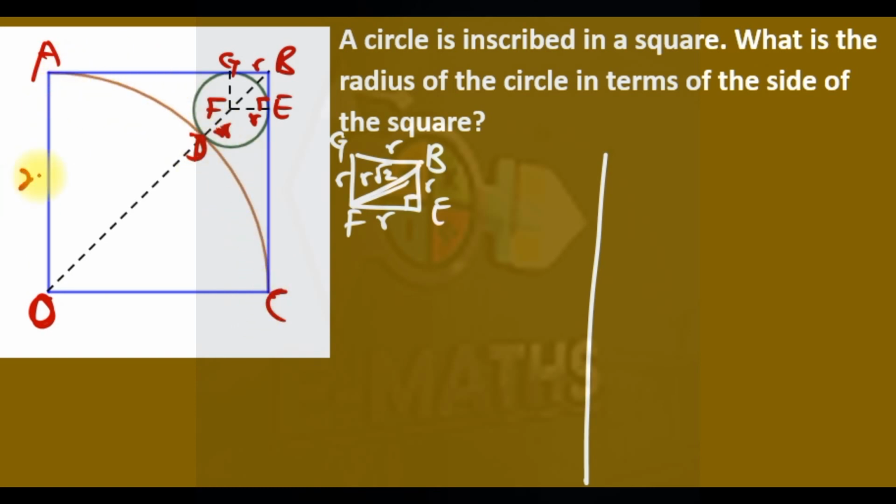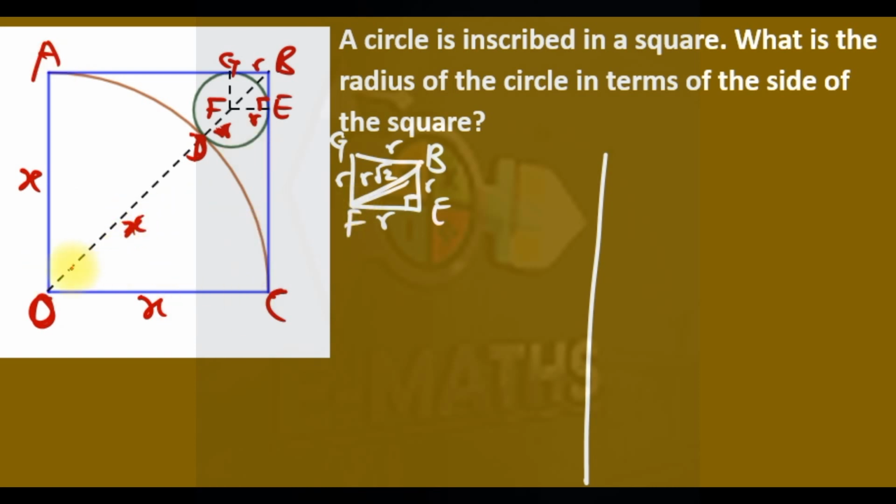So if the side is X, OD is also X, since this is the radius, which is the same as the side of this square.